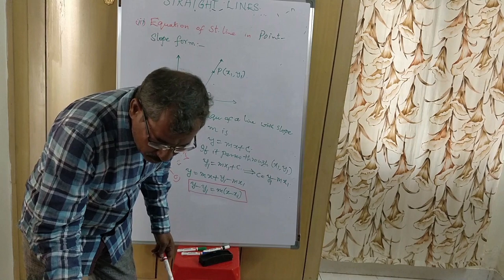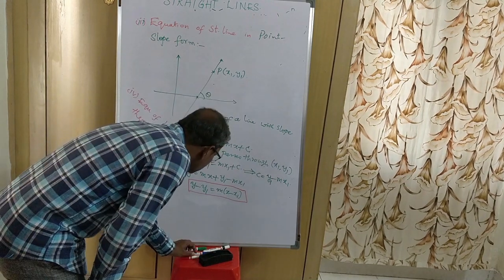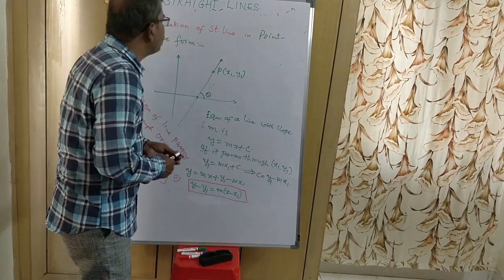After this, the equation of line passing through two points.